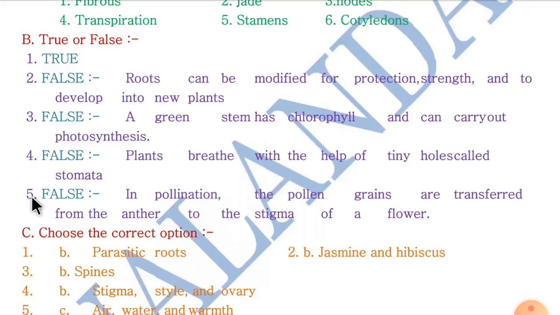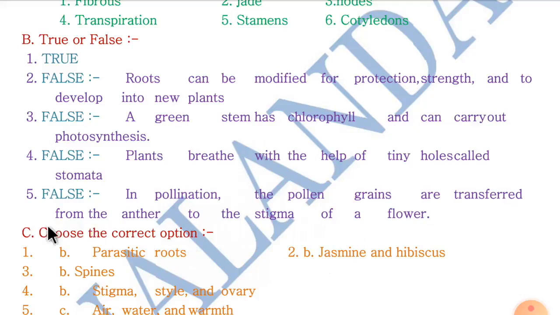Let's see the next. In pollination, the pollen grains are transferred from the carpel to the sepal of a flower. This statement is false. And why is it false? In pollination, the pollen grains are transferred from the anther to the stigma of a flower.